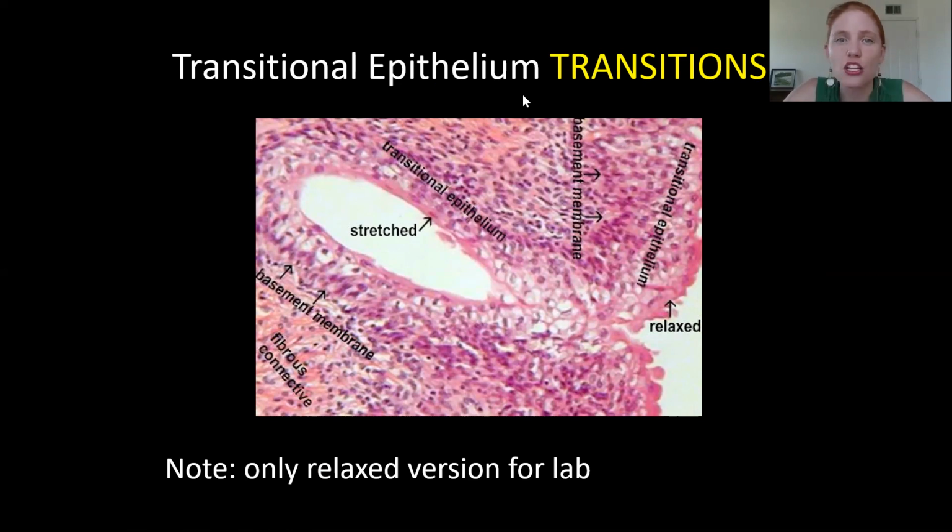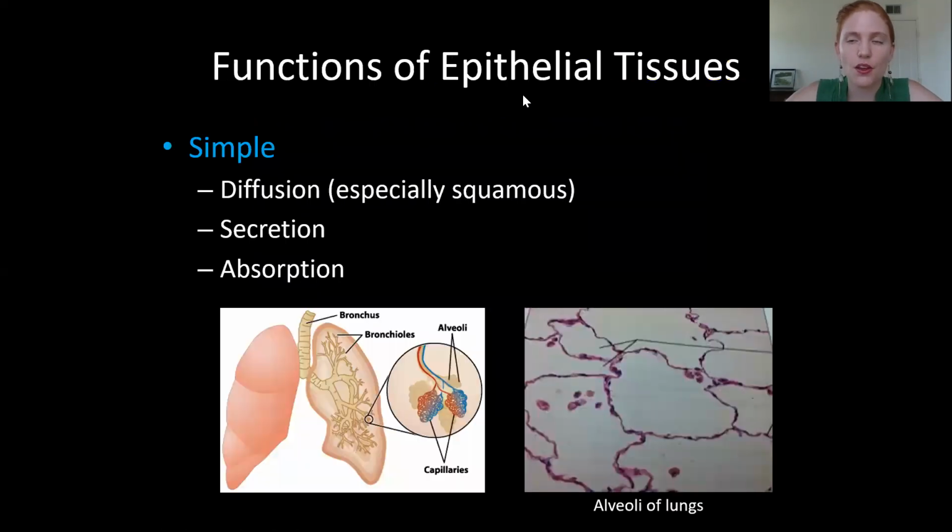So what is changing? The shape and the number of layers. And so that is why we cannot use the normal naming scheme, because it's not going to stay the same as it moves. Okay, so where is transitional epithelium found? In the bladder. Why is it lining the bladder? To allow it to stretch. Okay, I'm going to stop it, go to another piece.